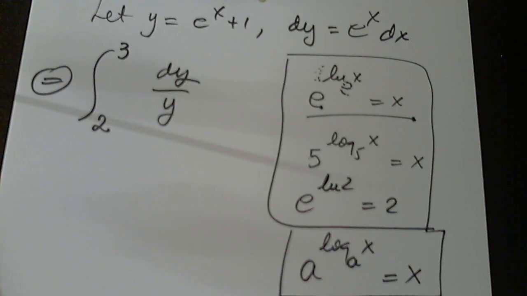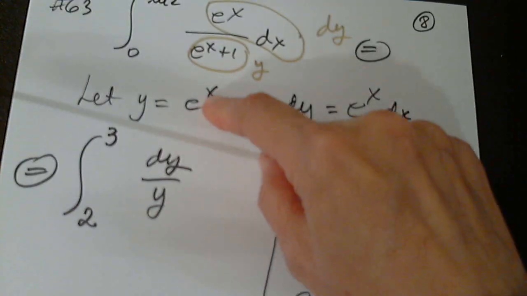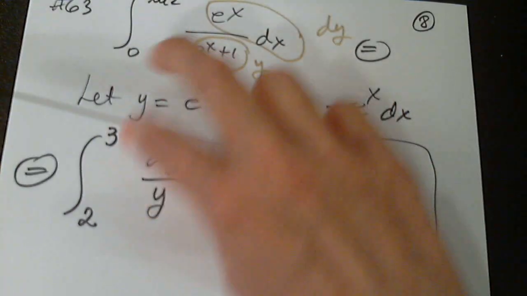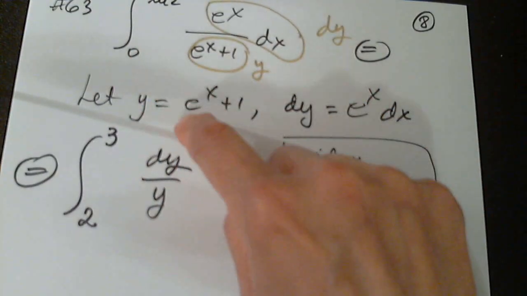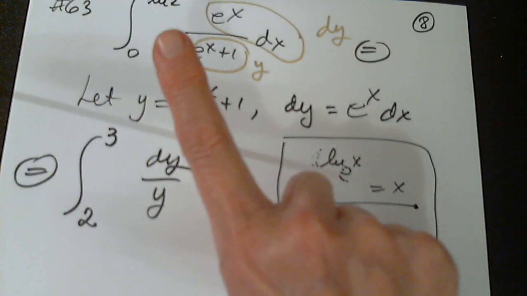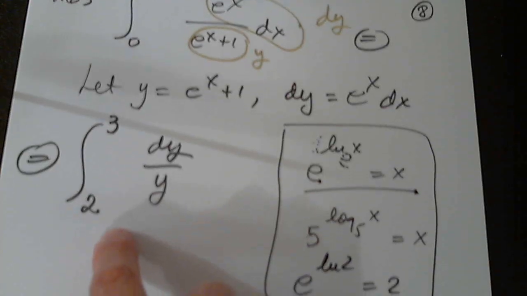So in case you forget the rule I just mentioned, put it in the graphing calculator. So e raised to natural log 2 is 2. 2 plus 1 is 3 for the upper limit. For the lower limit, e to 0 is 1. 1 plus 1 is 2.